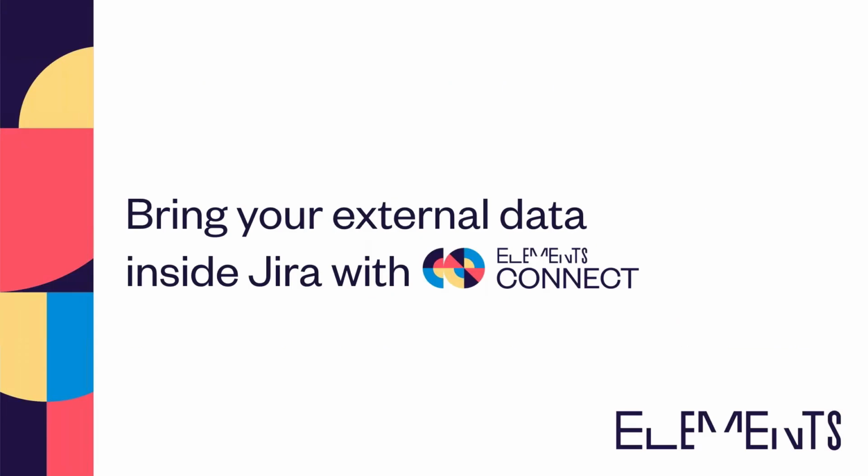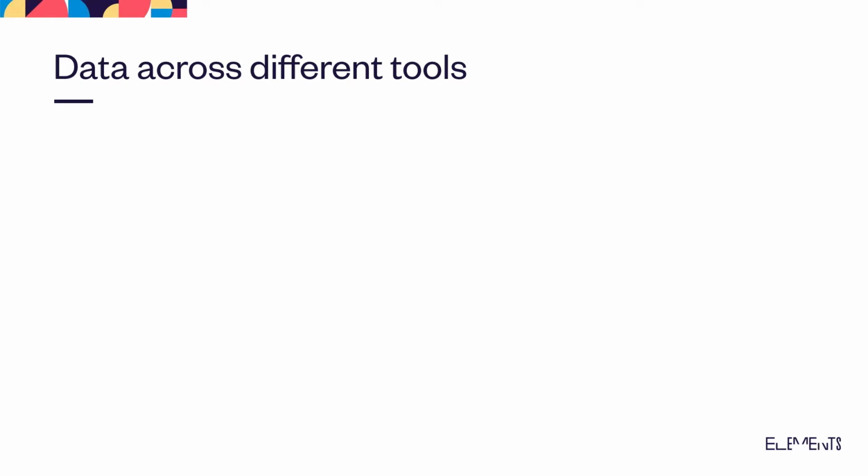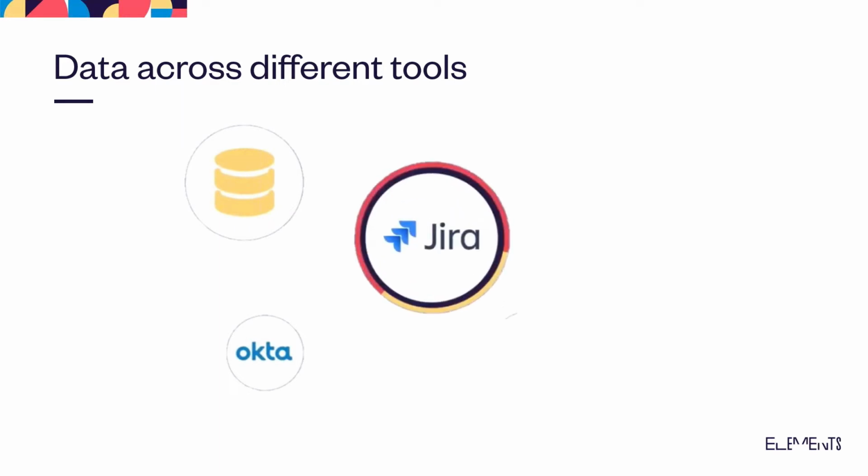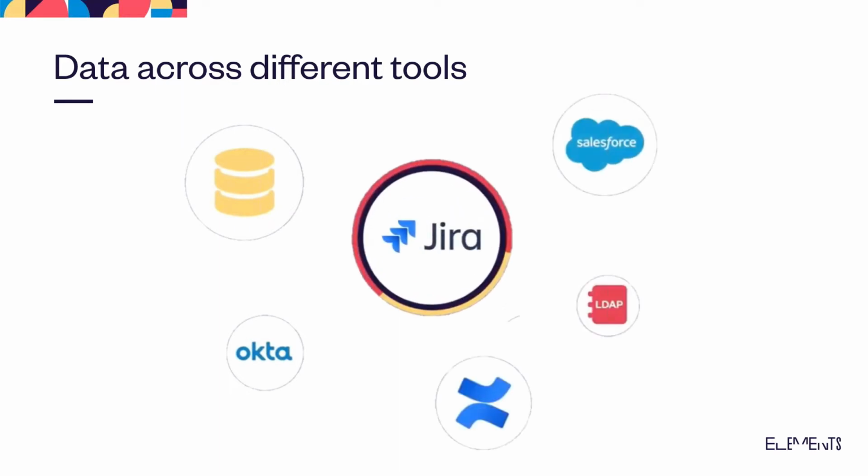All right, I will begin first by introducing the topics and show you how you can bring external data inside Jira with Elements Connect. You may agree with me that data is at the heart of every business, but often this data is scattered across different tools such as Jira, Confluence, some databases, maybe a CRM.